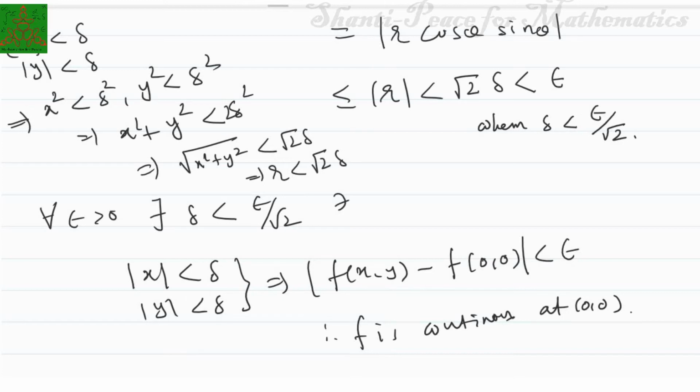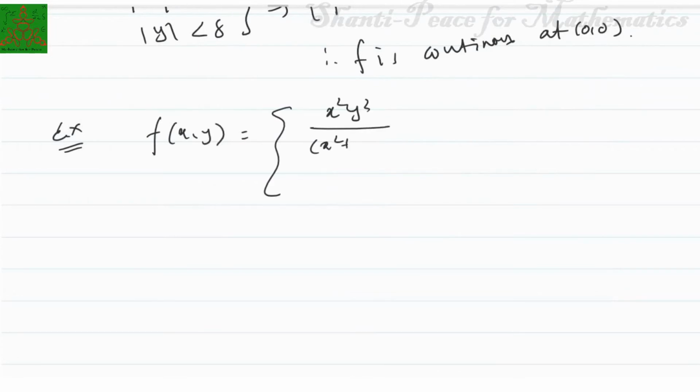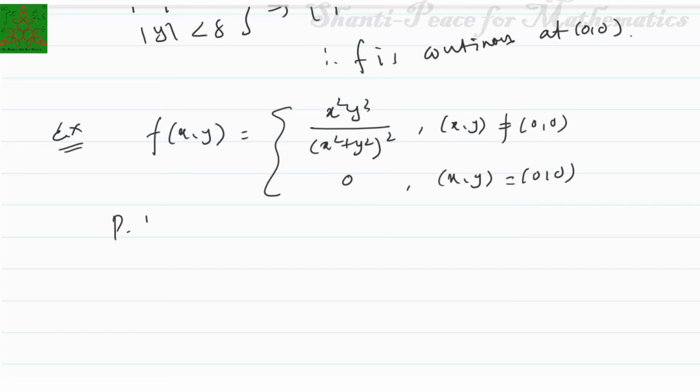Now I am giving you some exercises that you can try for yourself. Prove that this function, f of xy equal to x square y square upon x square plus y square whole square if xy is non-zero, and 0 if xy equal to 0, 0, is not differentiable at 0, 0.